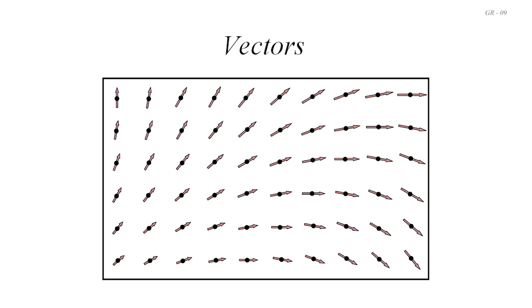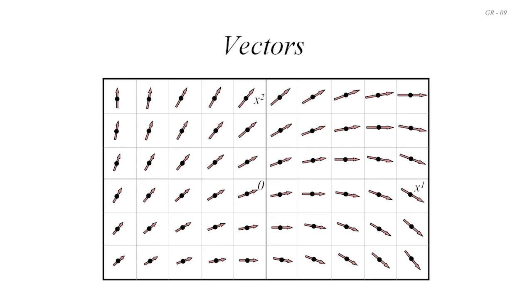Obviously, every point in the space has a field value, but we only show here a certain number of points, and we can measure the position, size, and direction of any vector in this field by using a frame of reference. And given that this is a flat space, we could choose to use a Cartesian frame like this.